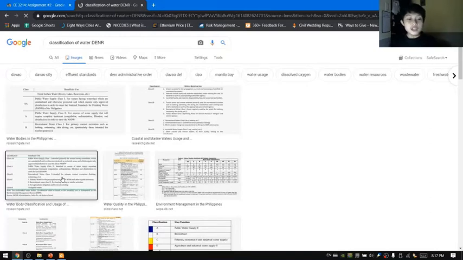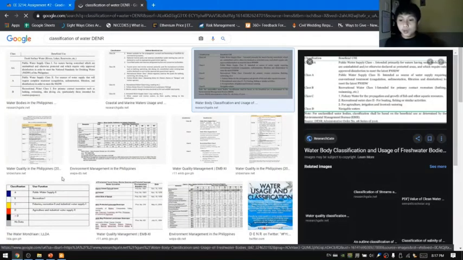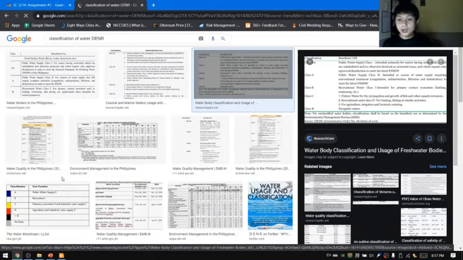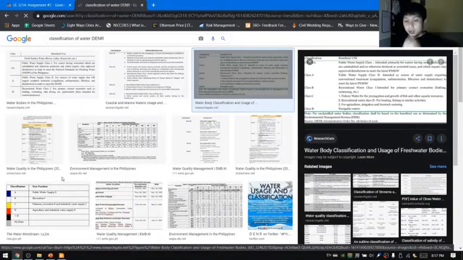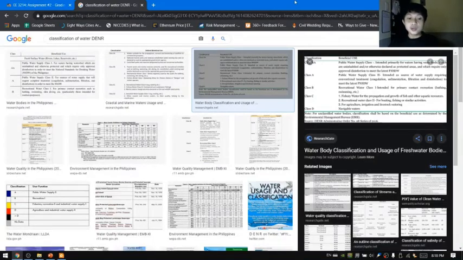AA is the drinking water, like from our faucet. We also have A, public water supply class 2, intended as a source of water supply for washing clothes and cooking. Class B is recreational water, which can be used for swimming pools and bathing. Class C is for fishing and water for rice fields. Class D is for rivers. So there are many classifications of bodies of water, specifically.